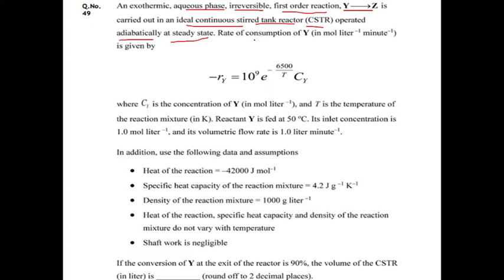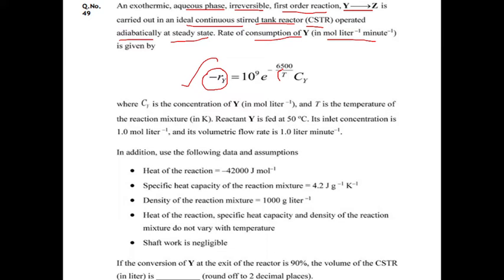Rate of consumption of capital Y in mole per liter minute is given by minus Ry is equal to 10 to the power of 9 e power minus 6500 divided by T into Cy, where minus Ry is the rate of consumption of capital Y in mole per liter minute.